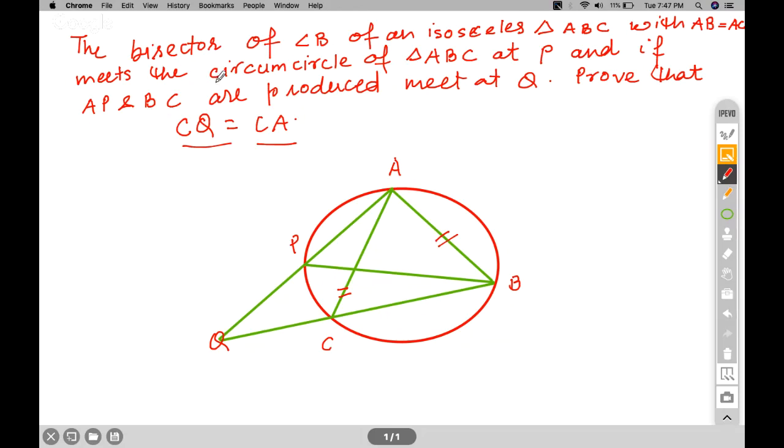Now, the first line that you read here is bisector of angle B. So the bisector of angle B is this line BP.